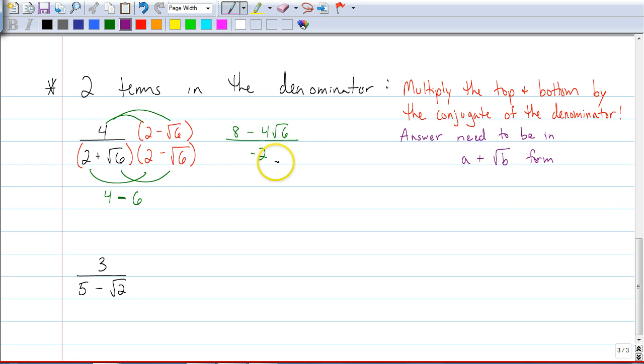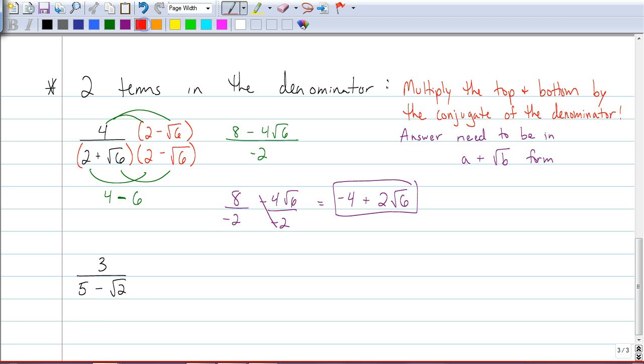This is one giant fraction. I'm going to break it up into two pieces. So I'm going to say it's 8 over negative 2 minus 4 square root of 6 over negative 2. Now 8 divided by negative 2 is negative 4. And negative 4 divided by negative 2, well, those negatives cancel each other out to make a positive. So it'll be negative 4 plus 4 divided by 2 is 2 square root of 6. There's your answer.